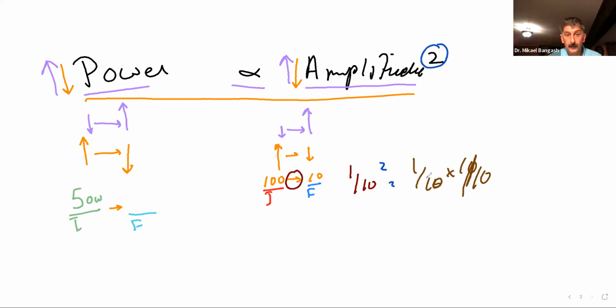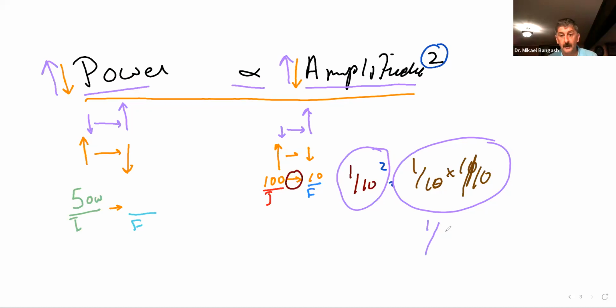Clear? This whole thing here actually means this. So 1/10 multiplied by 1/10 becomes 1/100. So this is the number that we will need to multiply by to find out what our final power will be.